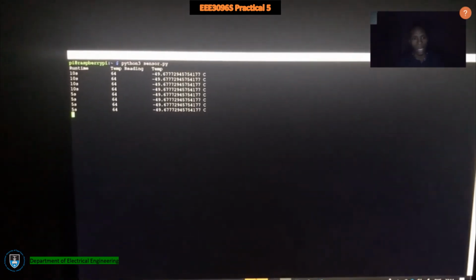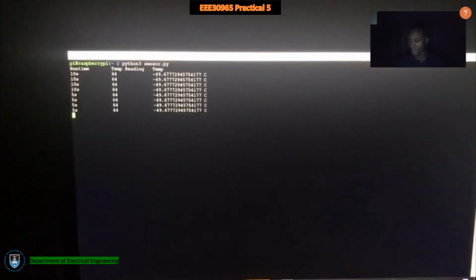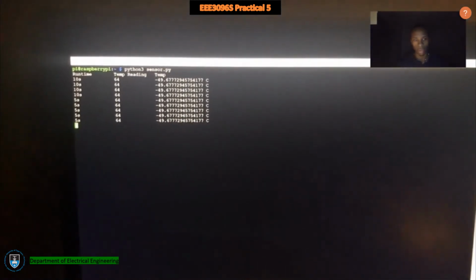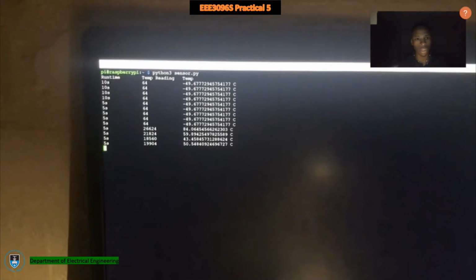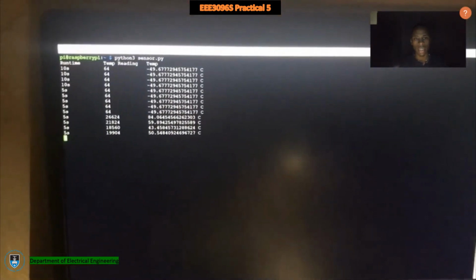So let's shine the flash. You see now, the reading has increased from negative values of degrees Celsius. As you can see, the output is in terms of degrees Celsius, and that's not very necessary.